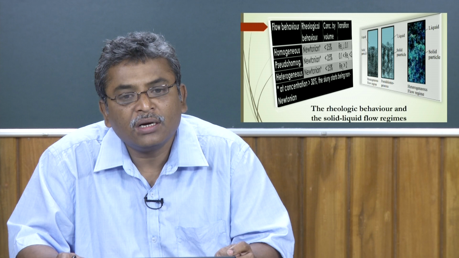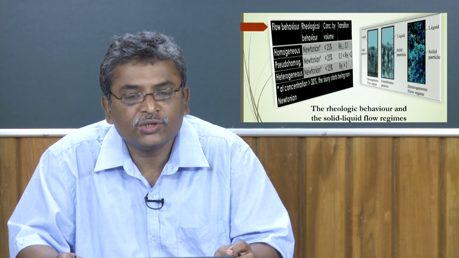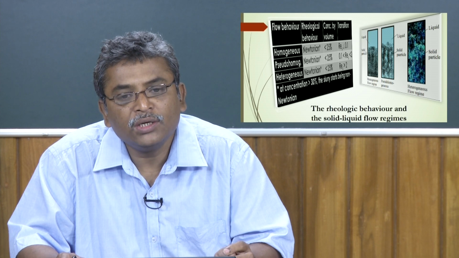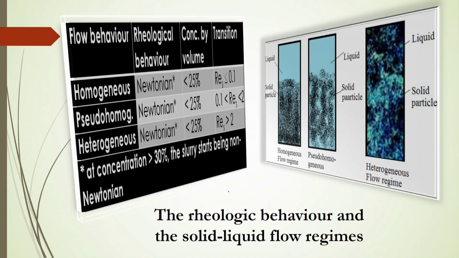This Reynolds number is defined based on the terminal velocity of the solid. This is Re_s, which will be equal to rho_s into u, the settling velocity, into d_p, the particle diameter, divided by the viscosity of the liquid.